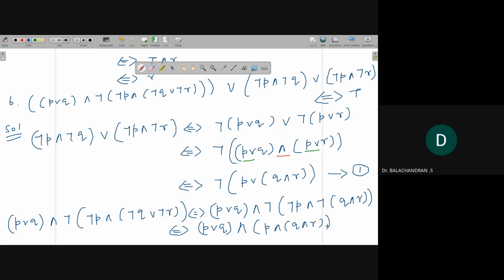Sir, yes, P or R, Q and R. De Morgan's law, okay, yes, thank you. Same mistake I'm doing again. So here P or R. Okay, thank you. So now for this portion, I am going to apply distributive law.